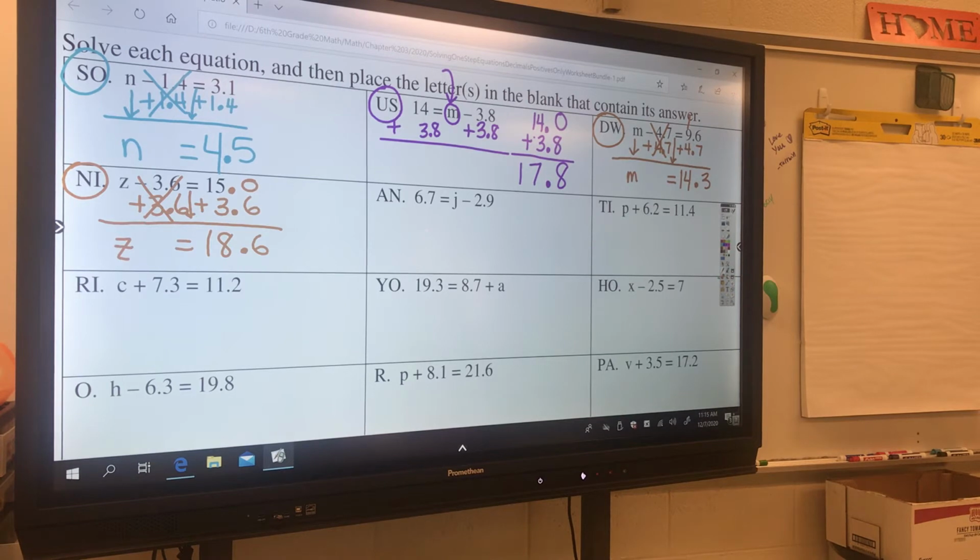Now add. Make sure your 3 is under the 5. Okay, your decimals are not lined up. Write it over here if you need to.